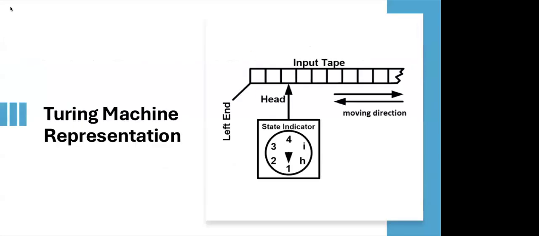So remember we have a left end here, and because the head can move forward and backward, it may be in this position and be asked to move to the left. In that case, we will meet an error.